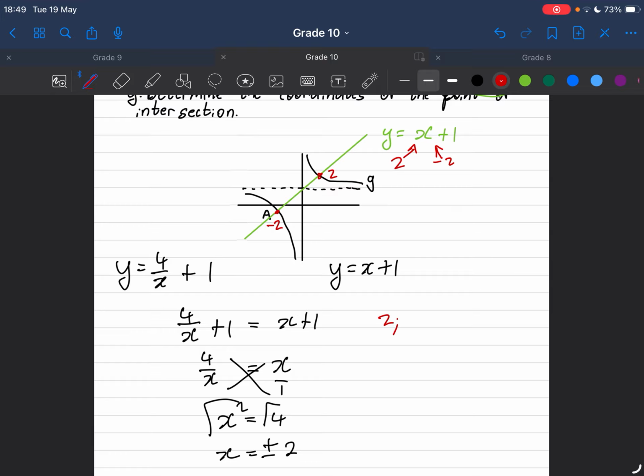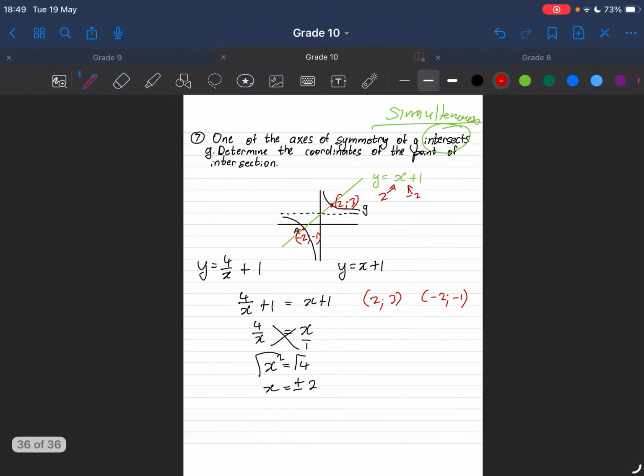If you substitute 2, you should get 3. And if you substitute negative 2, you should get negative 1. So your coordinates are (2, 3) and (negative 2, negative 1). All right, and those are the coordinates of the points of intersection.